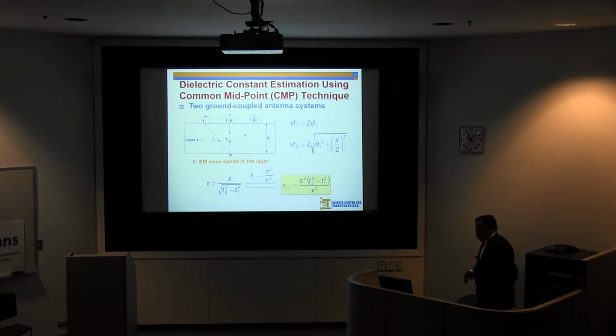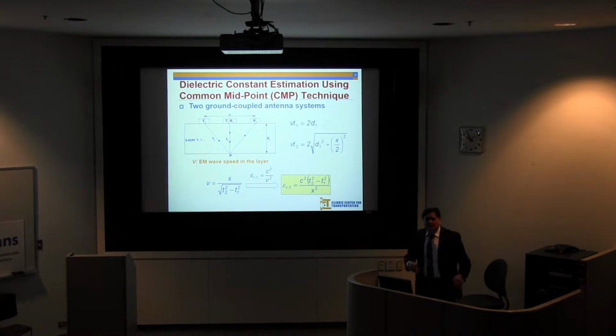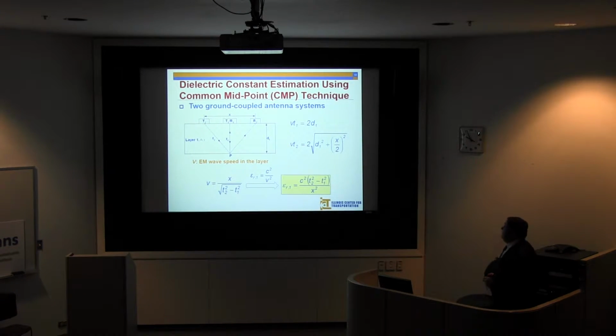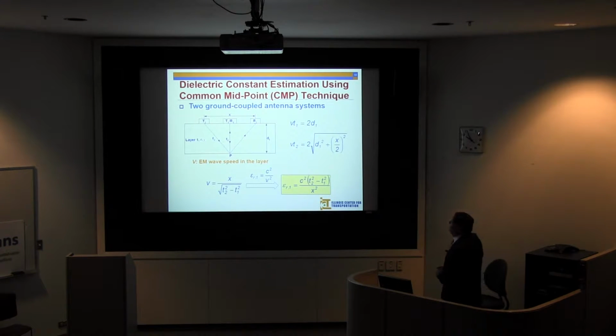In order to use this in the field, I cannot put a copper plate in pavements; it's impossible whenever I build a pavement. So we came up with a technique called CMP, or common midpoint. I get two antennas, a transmitter and a receiver, place them here and here, and I can measure T1 and T2.